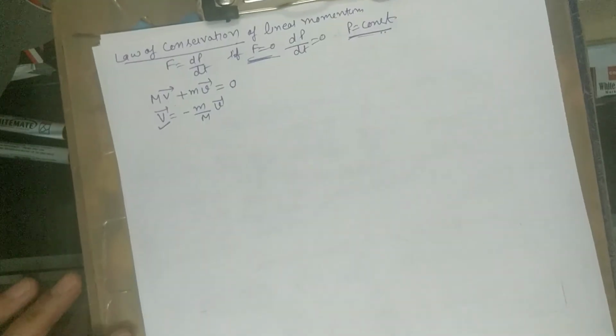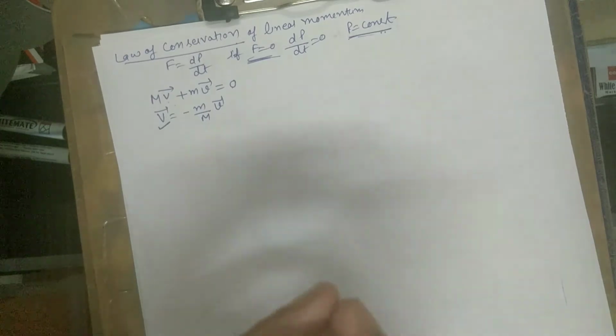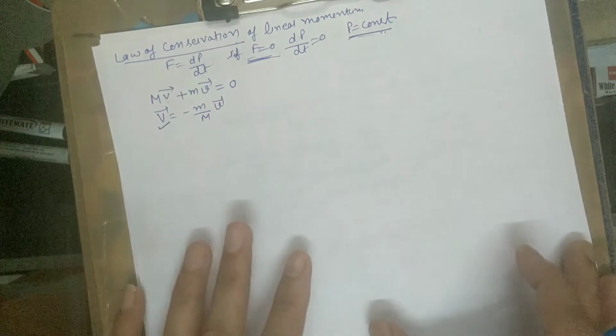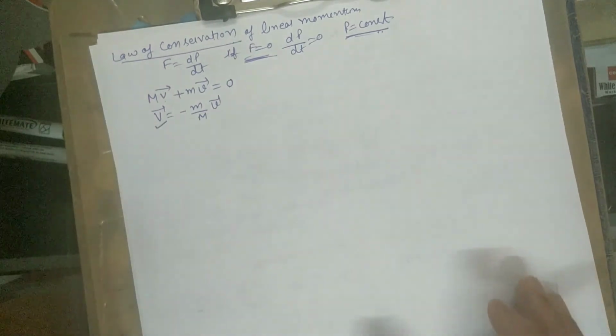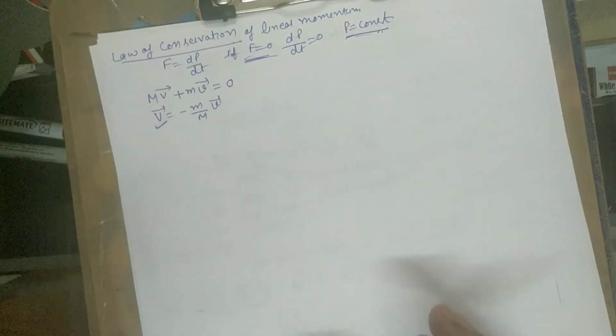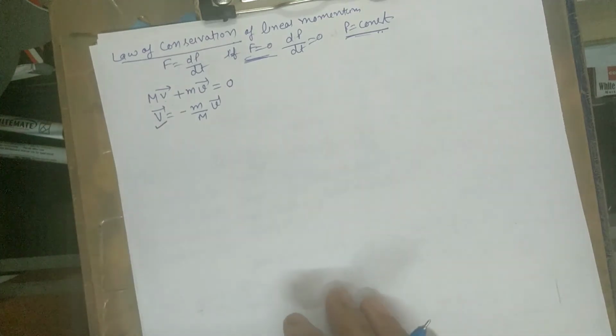When firing the bullet, the gun must be held tight to the shoulder so that the backward motion is combined with the shoulder motion and the effect decreases.